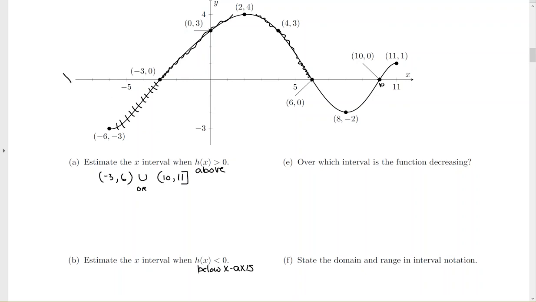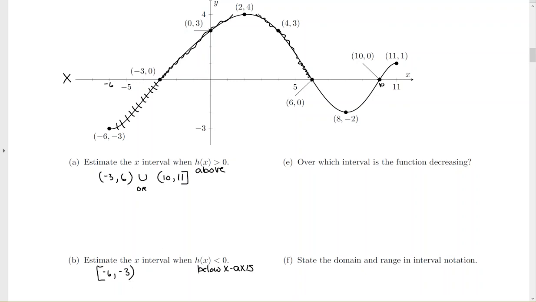I look at my x-axis values. So at -6, I'm definitely below. So I use a bracket on the -6 all the way over to -3. But again, -3 is on the axis. I don't want to be on it, so I'm going to use a parenthesis on -3.